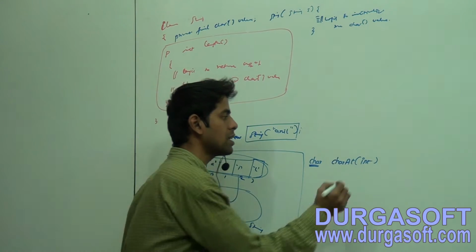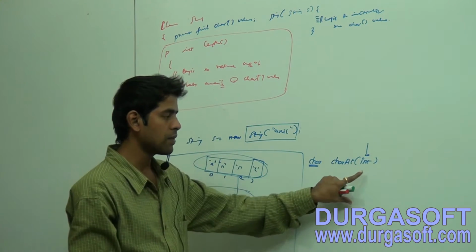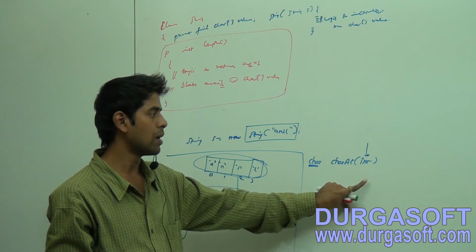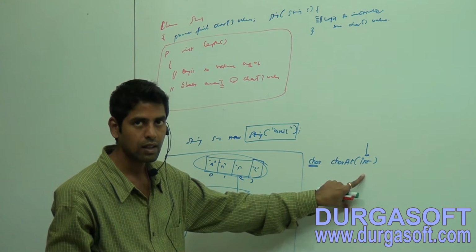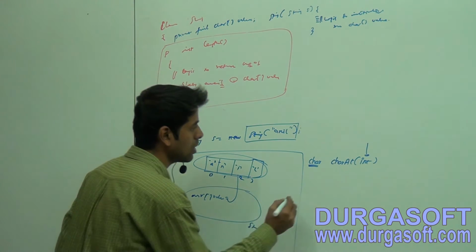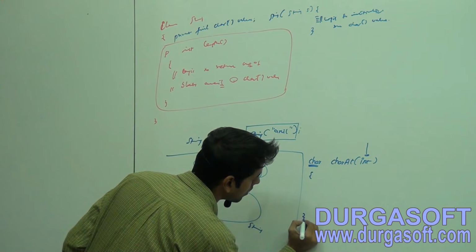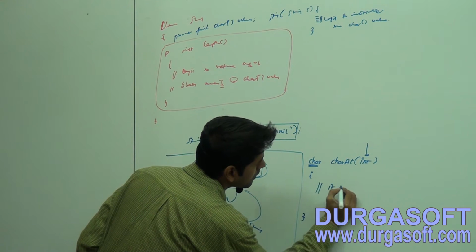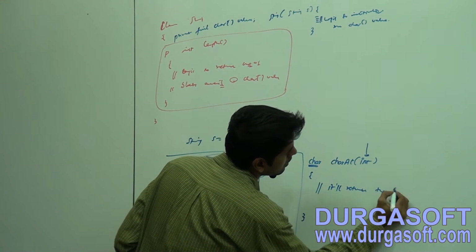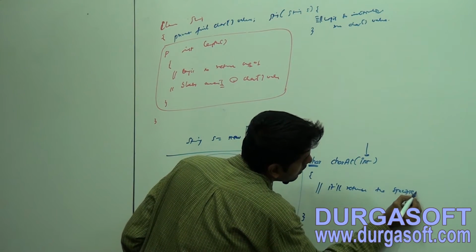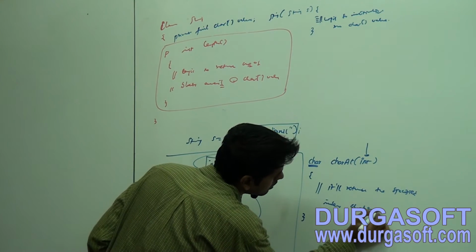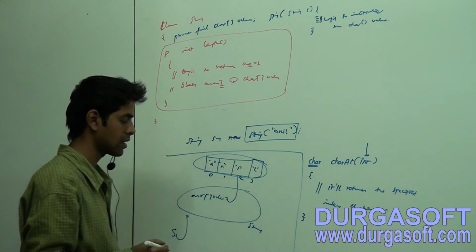If I pass any valid index here, it will return the character available at that index. It returns the character at the specified index.